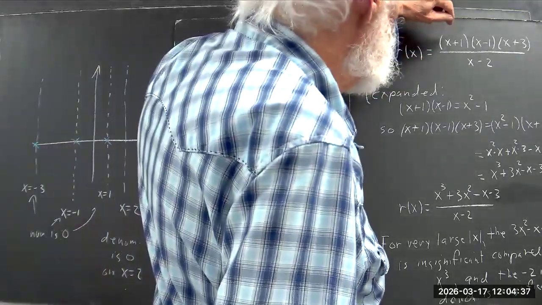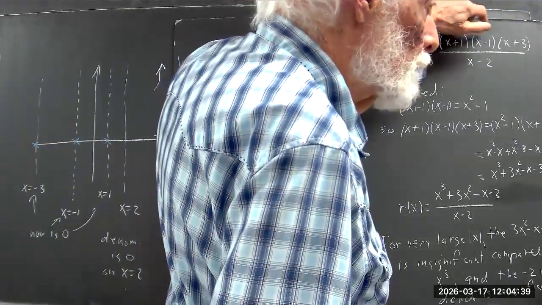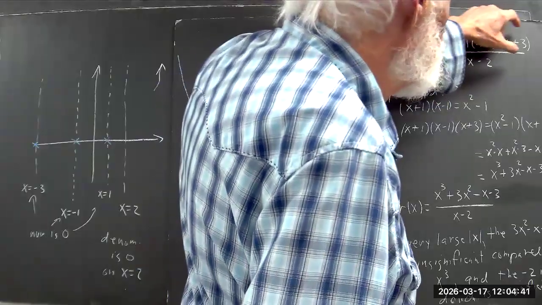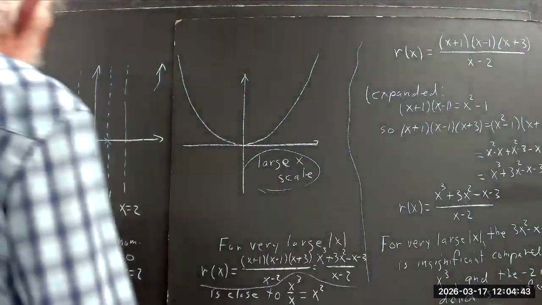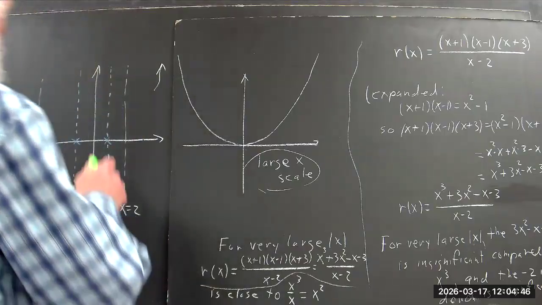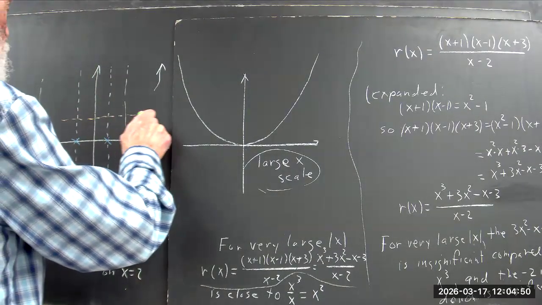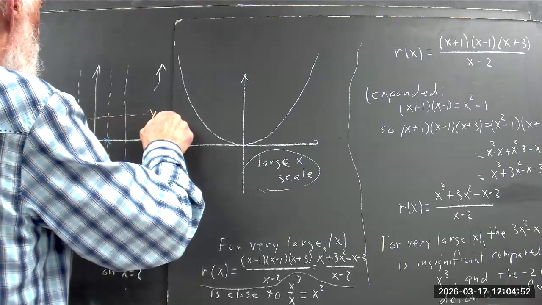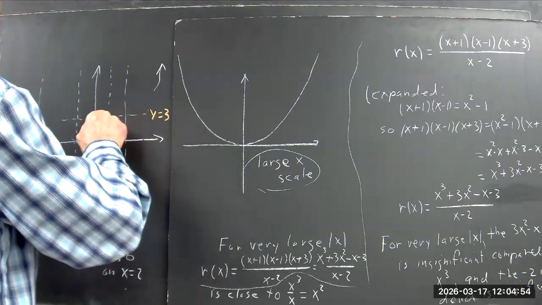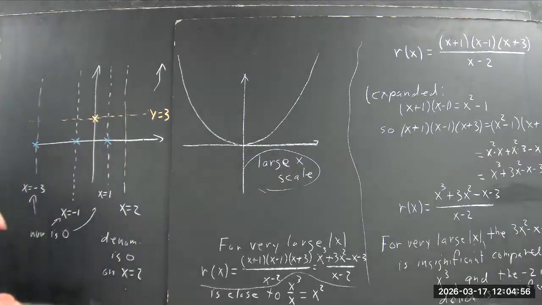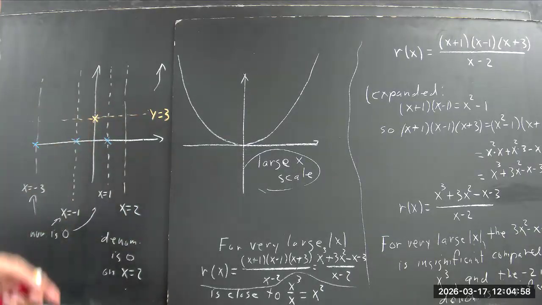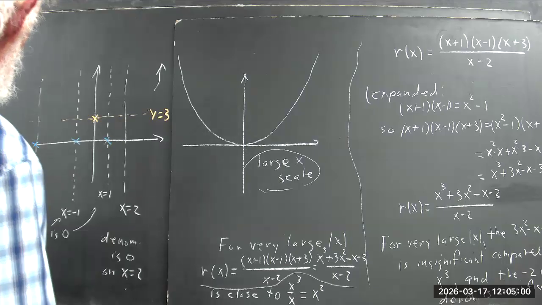If x equals 0, we have 0 plus 1, which is 1, 0 minus 1, which is negative 1, and 0 plus 3, which is 3. So we would have a y-intercept on the line y equals 3. And the point, of course, is where the line y equals 3 intersects the y-axis.